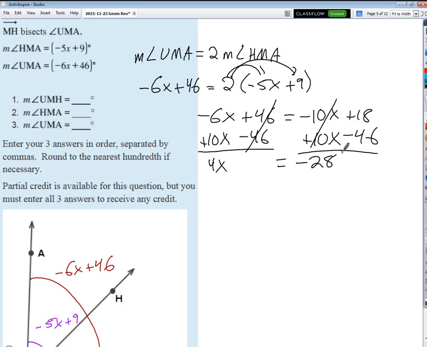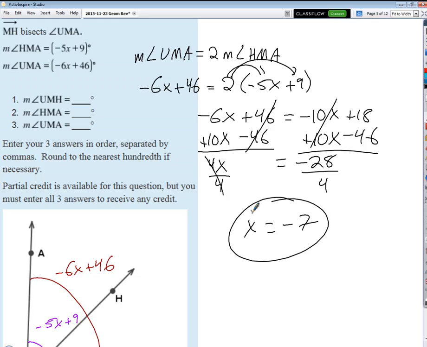Last step, divide by 4. Okay, and so then we get x equals, what's negative 28 divided by positive 4? Good, negative 7.